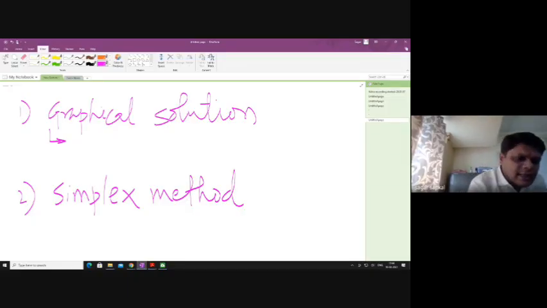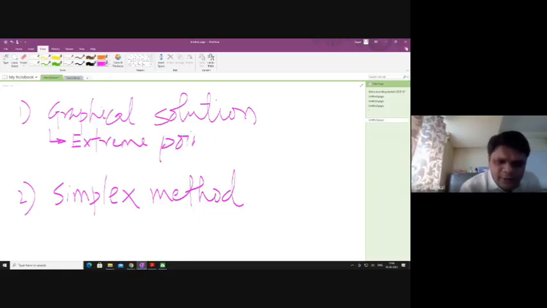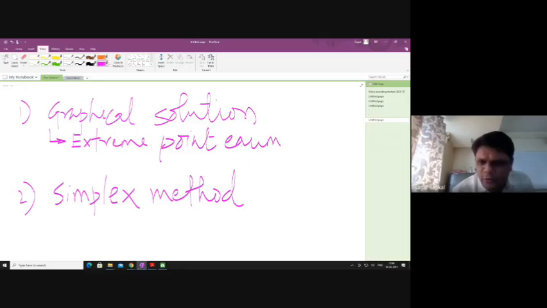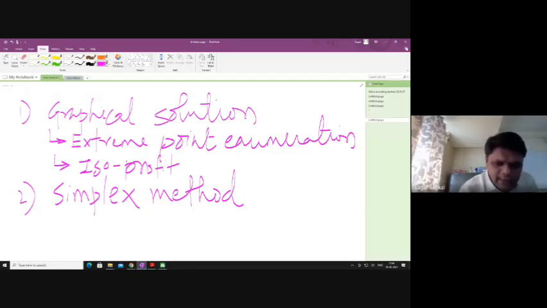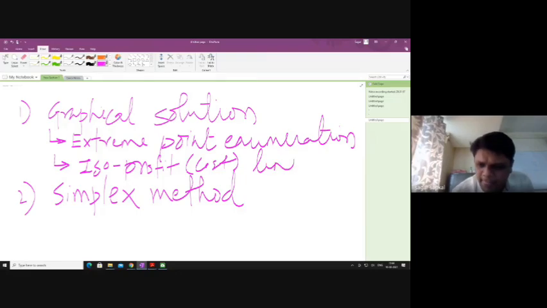One is called the extreme point enumeration method, and another is the iso profit line or iso cost line method.